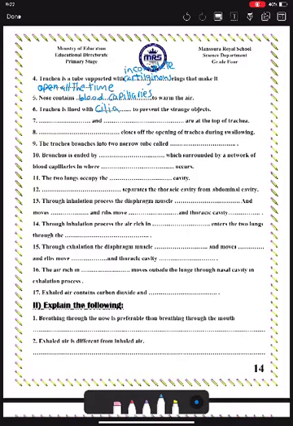Number 7, at the top of trachea, larynx and epiglottis. Epiglottis closes the opening of the trachea during swallowing. The trachea branches into two narrow tubes called two bronchi.